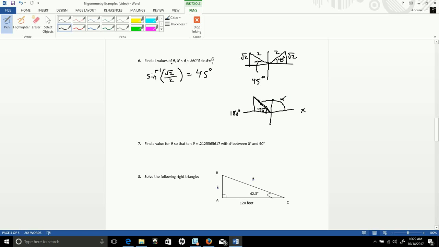And that'll give us another angle for theta that would also give us the square root of 2 over 2. So if we do 180 minus 45 for our other angle here, we would get an answer here of 135 degrees.